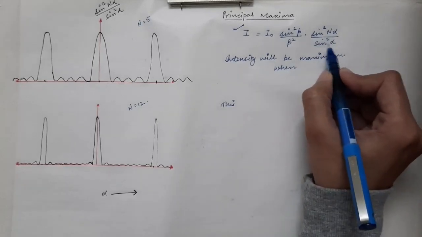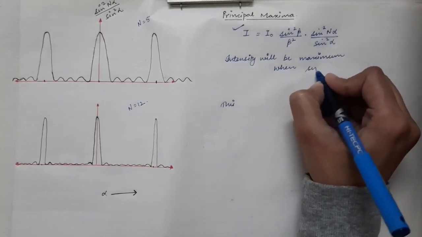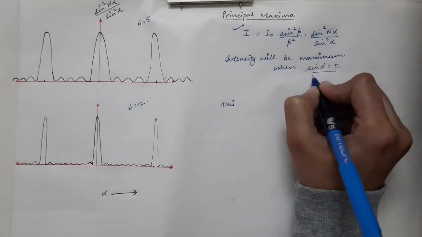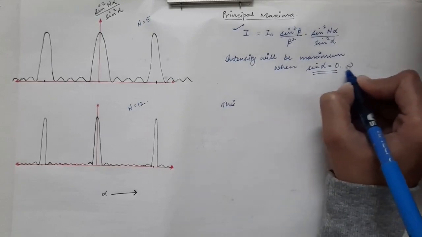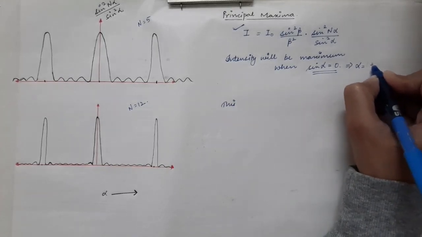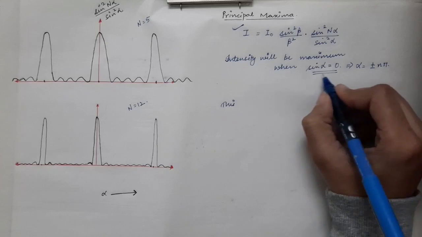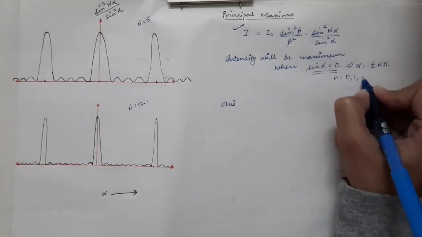So intensity will be maximum when sine of alpha is equal to 0. Sine alpha is 0 when alpha is equal to plus minus n pi. So this is the condition when sine alpha is 0, for n is equal to 0, 1, 2, 3.